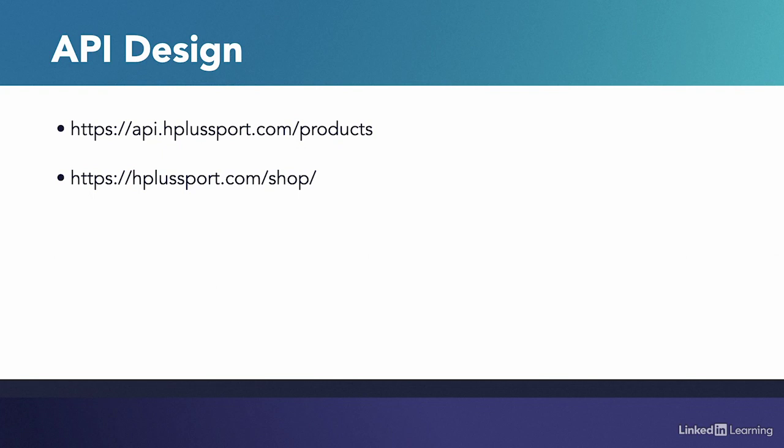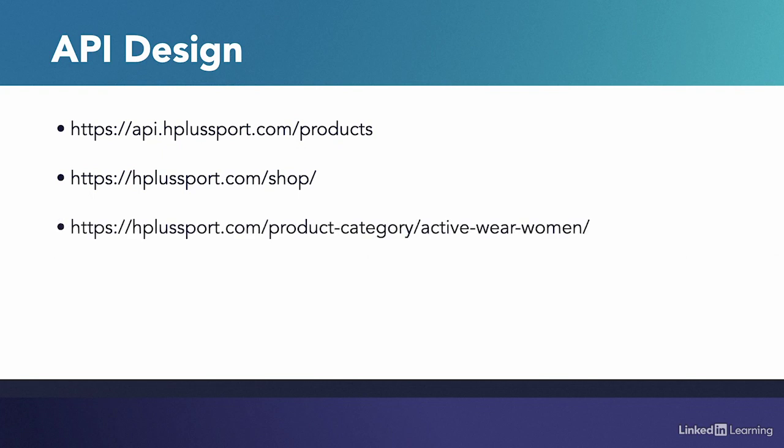Now some of those products, they may have sub-properties. For instance, for clothing, we can have different variants, sizes for instance. How can we model them? Here's one suggestion. /products/123 gives us the product with the ID 123. /variants, then appended, gives us all of the variants for that specific product.